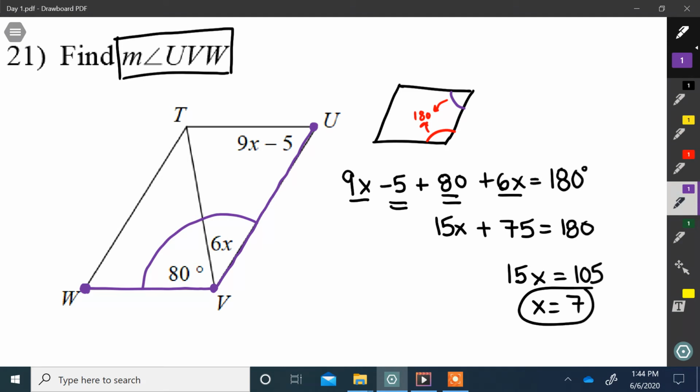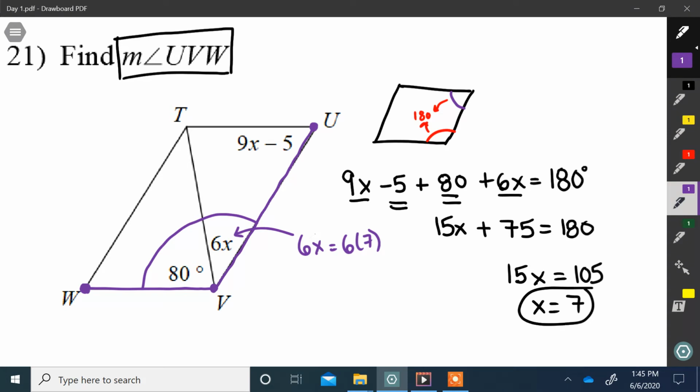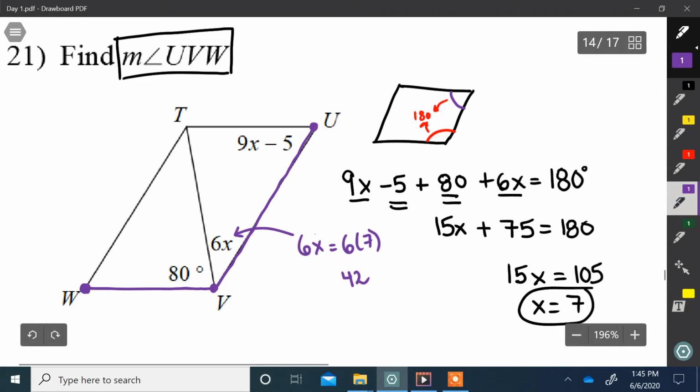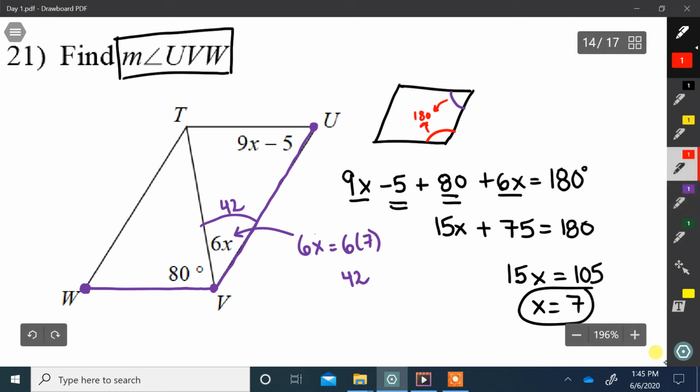So 80 plus this 6x right here. Instead of x, I'm gonna write the 7. 6 times 7 is 42. So this angle right here is 42. Well, 42 plus 80 is 122 for the whole thing.